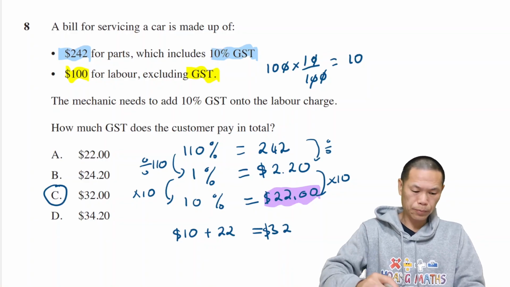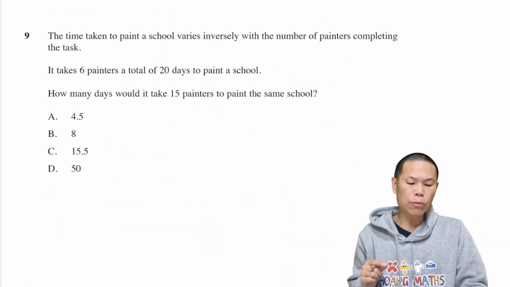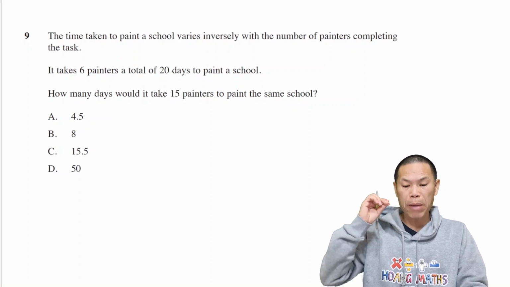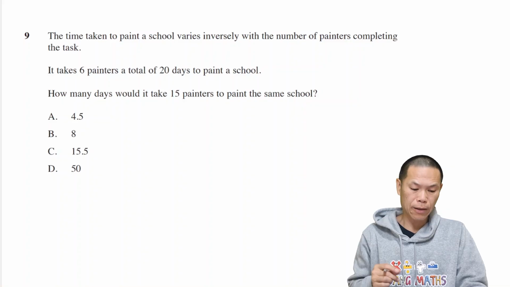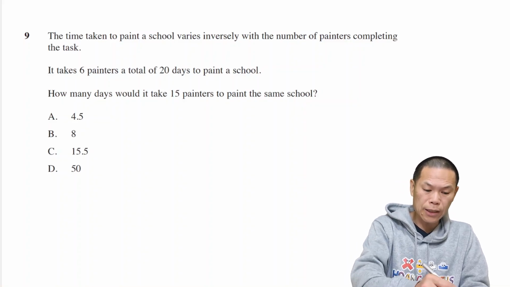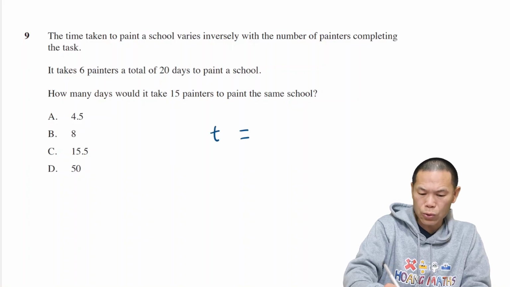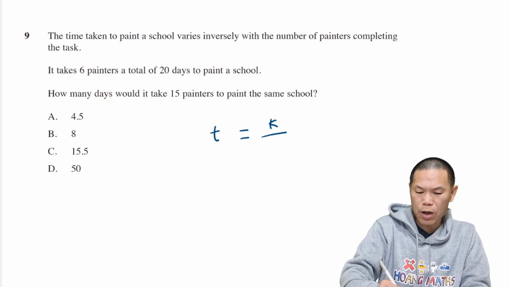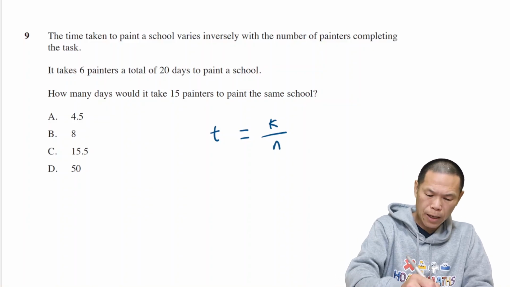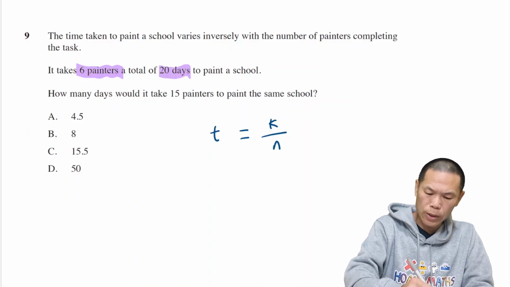There you go. Question number 9. The time taken to paint a school varies inversely with the number of painters to complete the task. So we know that it varies inversely. That means T, the time, is equal to K over the number of painters, which is N. And we know that when N is 6, the time is 20 days.